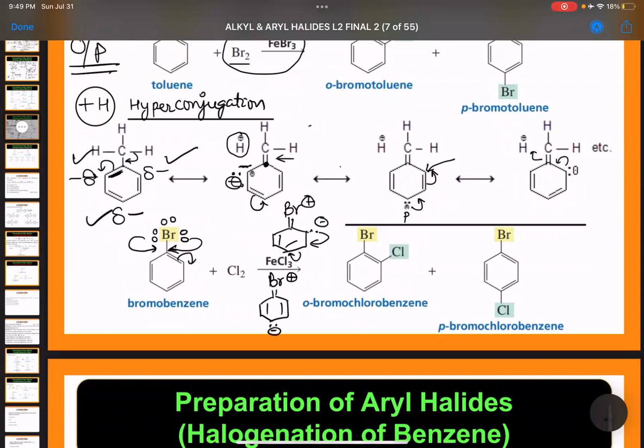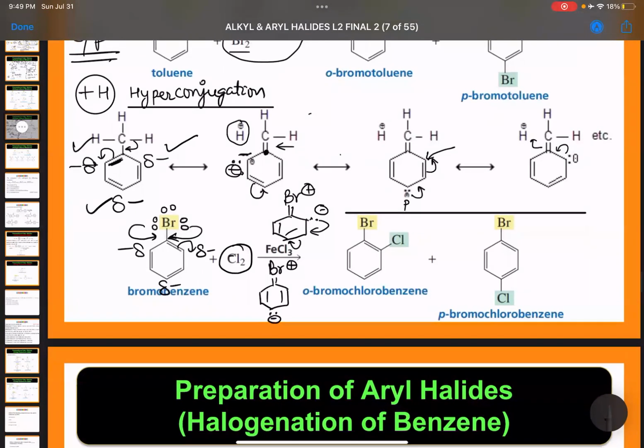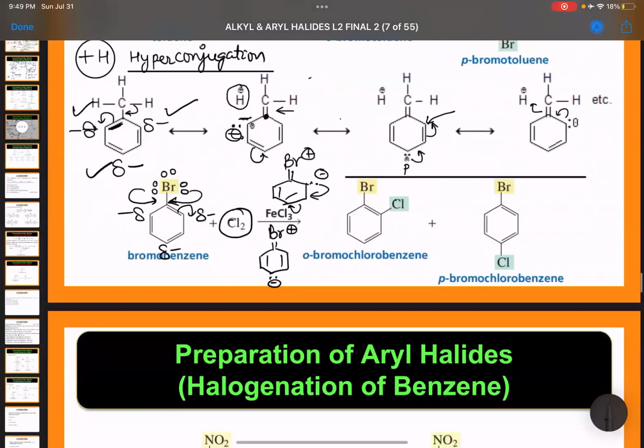So this again has created the same scenario, and so you can write the average hybrid structure and where the Cl plus will attach itself. Cl plus will attach itself with more ease at the positions which are more rich in electron density, and these are ortho-para positions. So you can see over here, this again is ortho-para directing.